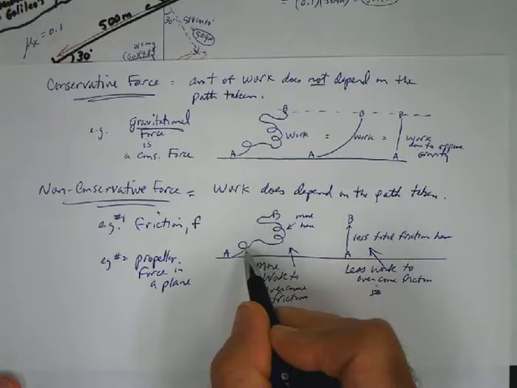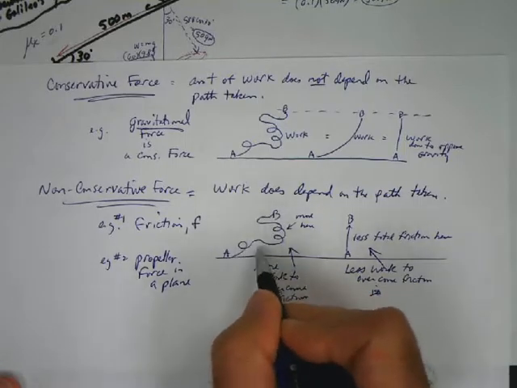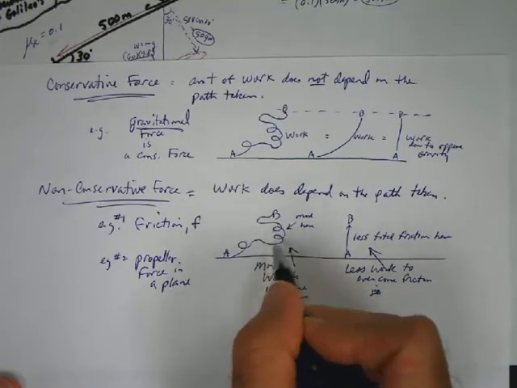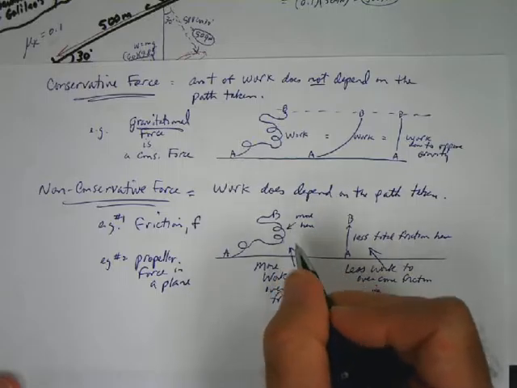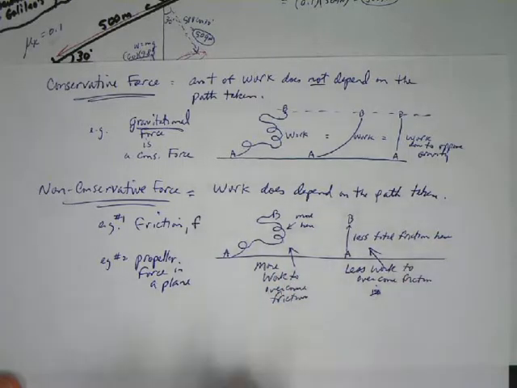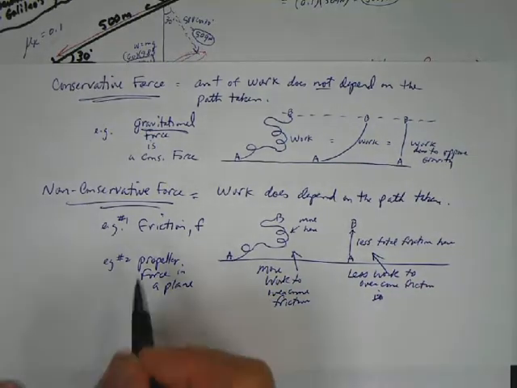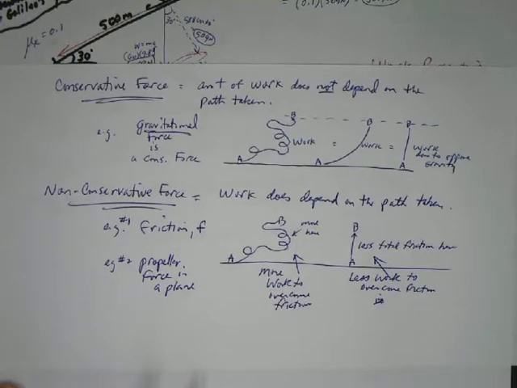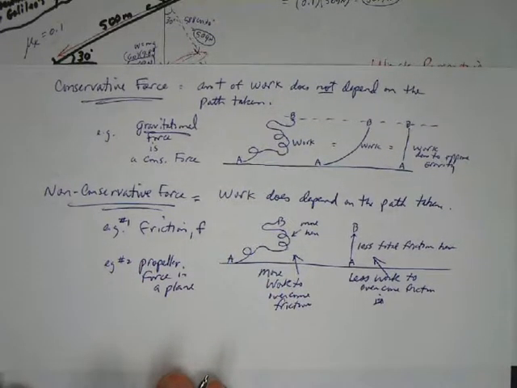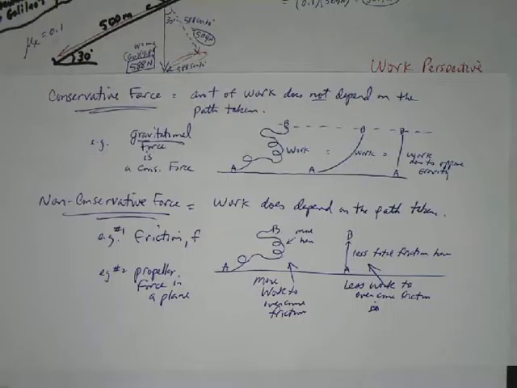So there are two examples of non-conservative forces: friction force, propeller force. Main example of conservative force would be gravitational force. Another one would be, let's say, electrical force or magnetic force, something like that.